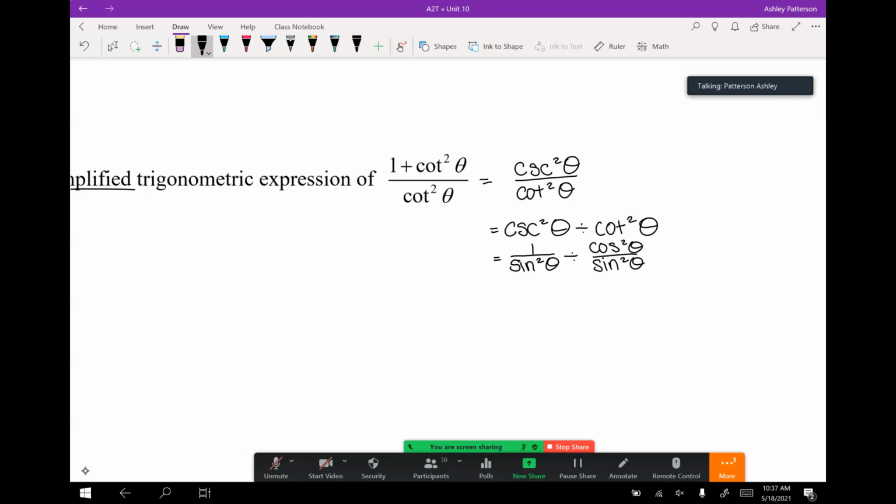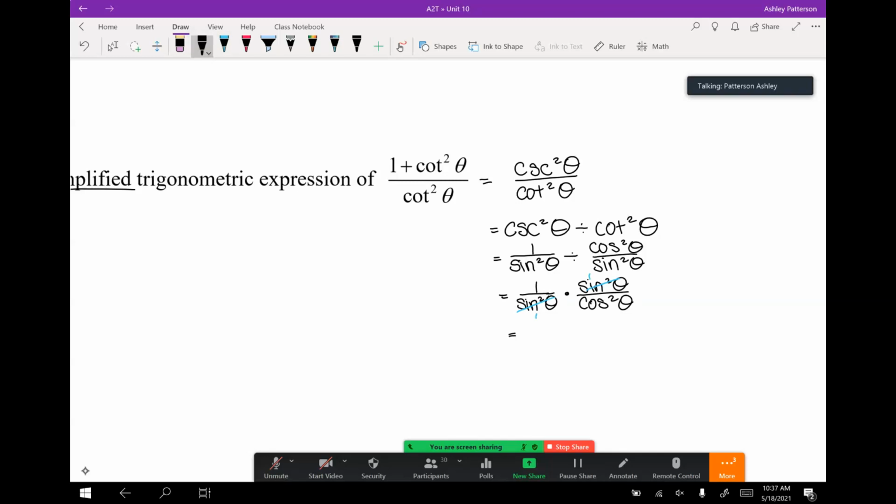This is kind of nice that they're in fraction form because now we know, well, shoot, I'm dividing fractions. So let's keep the first. So we'll keep 1 over sine squared theta as is. Change the operation to multiplication, and then apply the reciprocal of that second fraction. Now we can, yes, simplify the sine squareds, cancel them out.